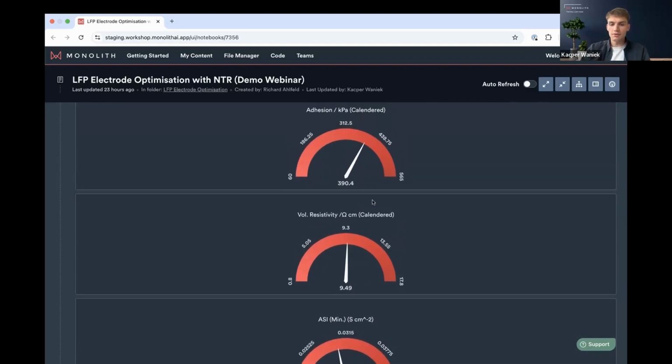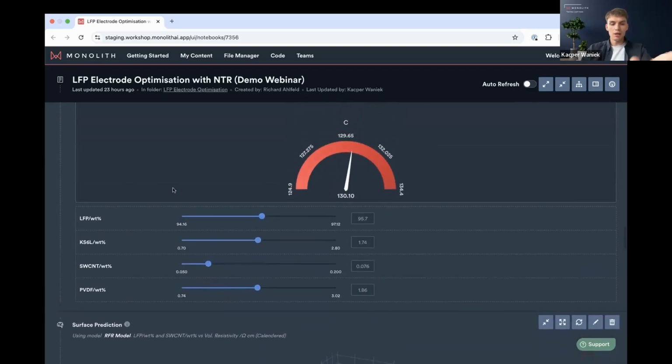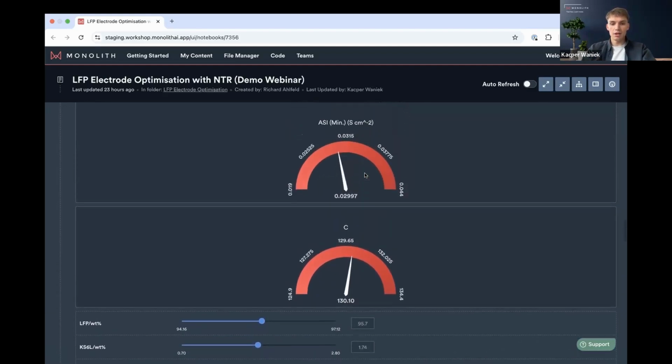So here we've got dials of the different performance metrics I have been outputting in my model. And then at the bottom, we'll have a scale of the material compositions. So for example, I can change my single-walled carbon nanotube content, and this will update my parameters here where I can see how that will affect the key performance metrics I'm interested in.